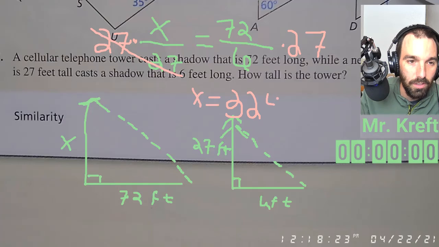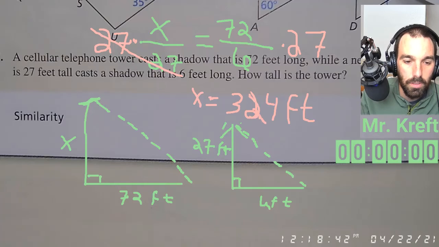Ooh, that's a terrible 3. 324 feet. Uh-oh. Someone has a question. What's the question? Oh, is it just because my 3 was so bad? So x equals 324.